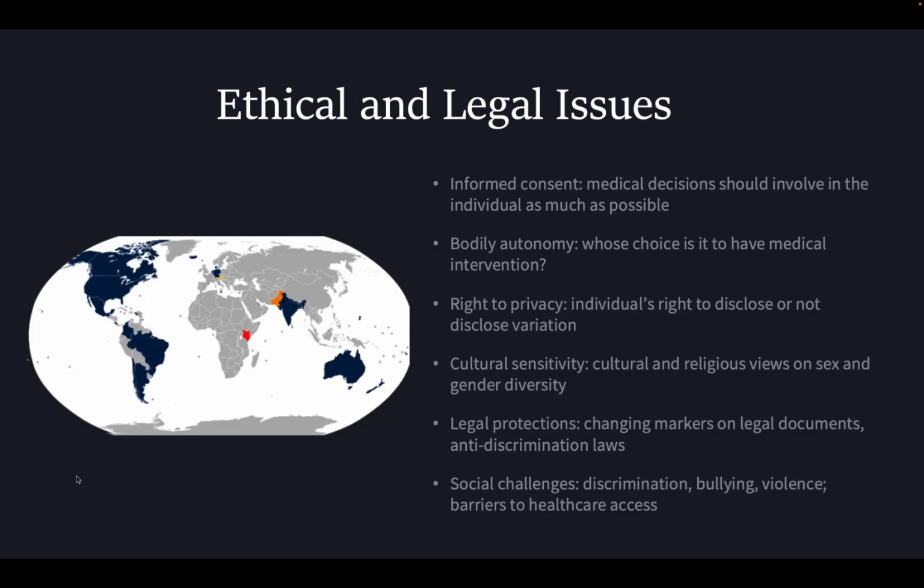And so then we can think about some of the ethical and legal issues. What about informed consent? When you make a medical decision for an infant, they don't have a choice. And maybe when you're talking about emergencies, like, hey, my child is going to die without open heart surgery, yeah, I'm not going to give them a choice.